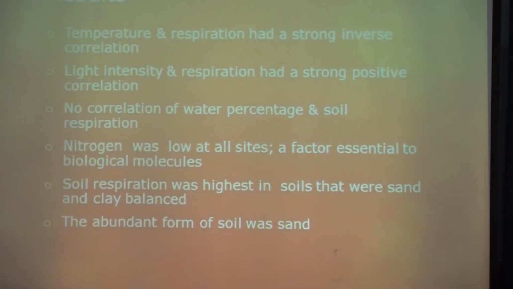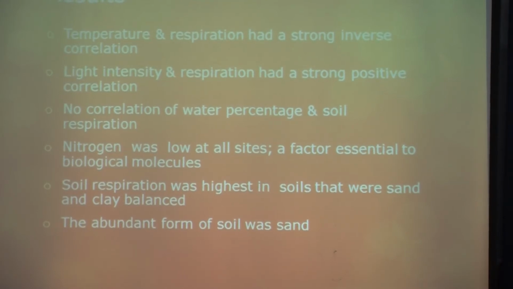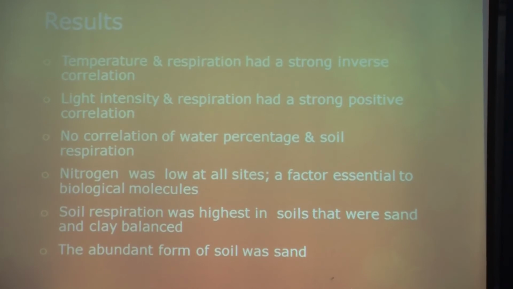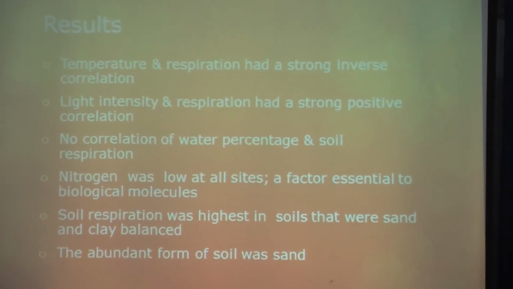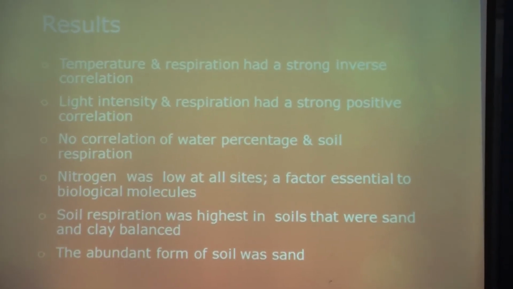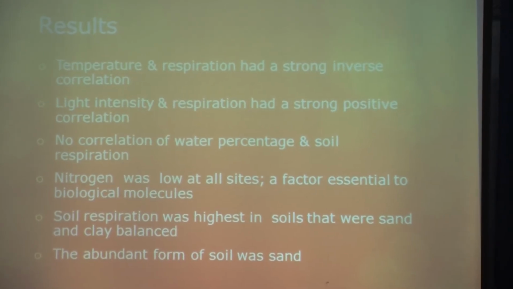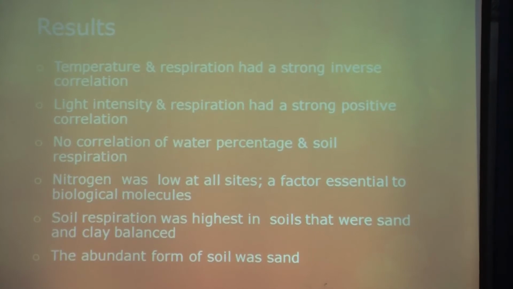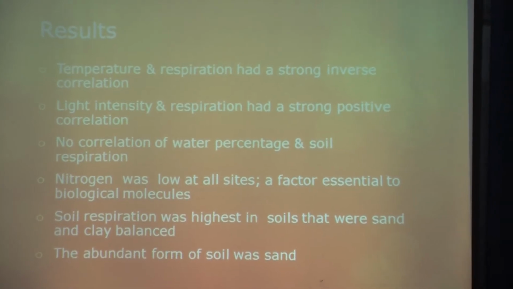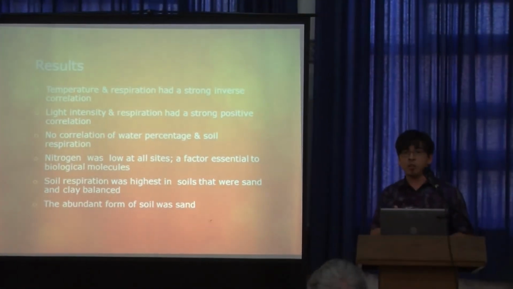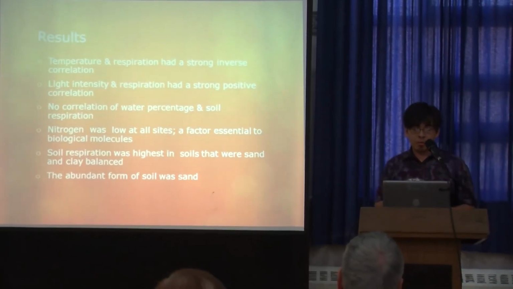And it's just kind of in words, you can see temperature and respiration have a correlation, but also nitrogen is a factor, essentially like biological molecules. It was determined that soil respiration was highest in the balanced sand and clay samples.